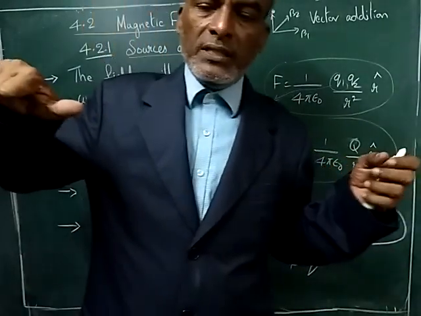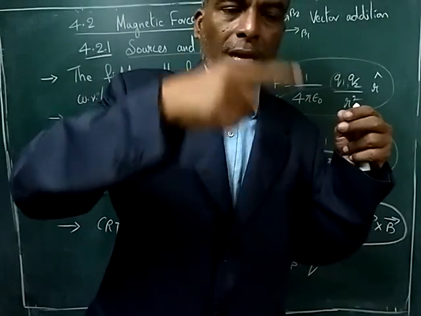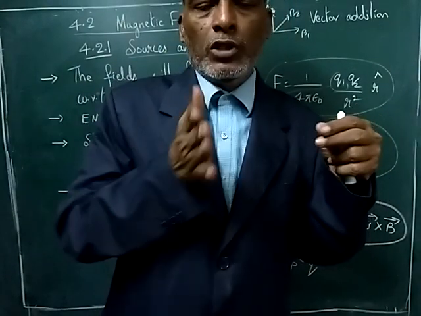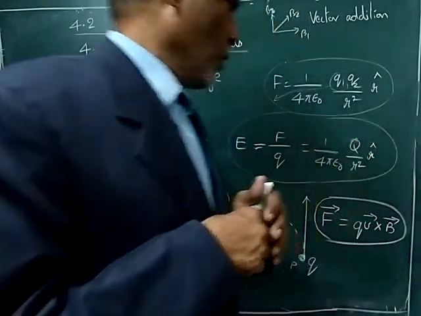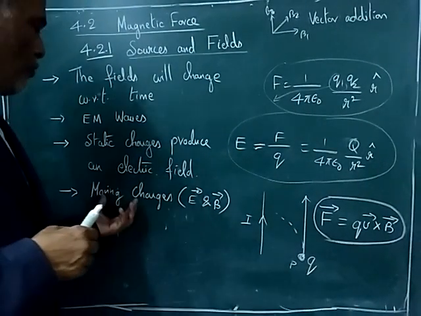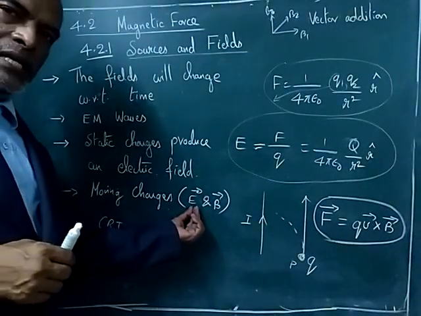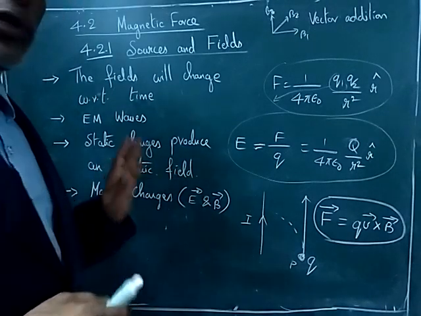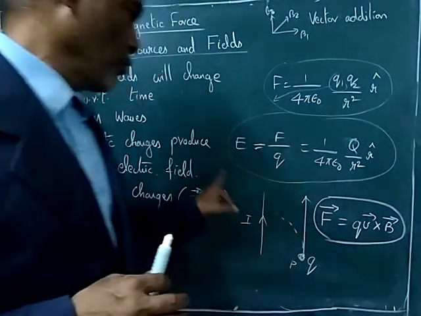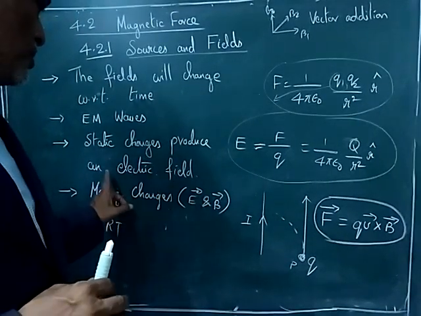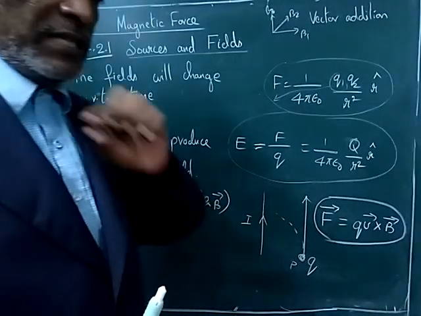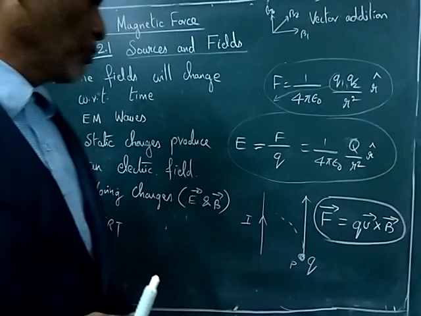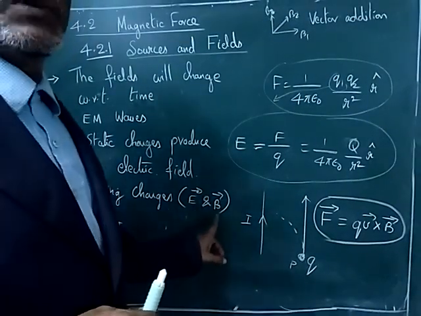Suppose this is the direction of current, and the magnetic field will be like this. Both are perpendicular. So moving charges produce both electric as well as magnetic field, whereas static charges produce only an electric field. This is an important point.